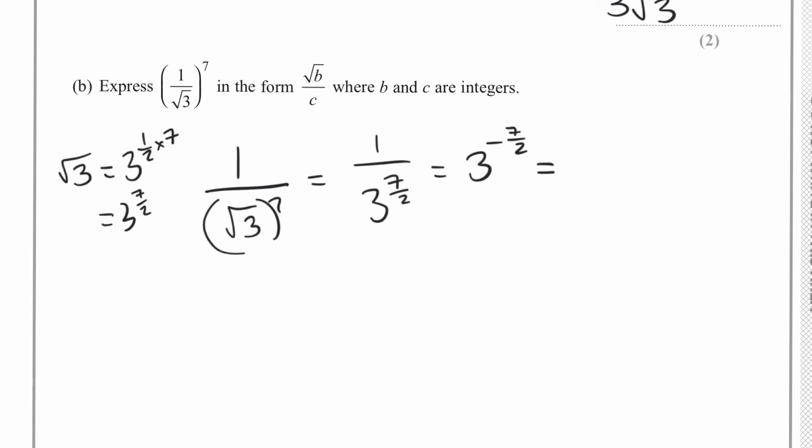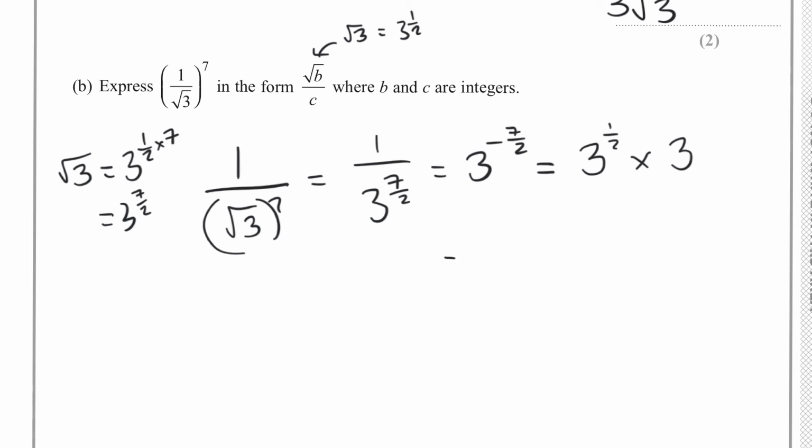So one thing when it comes to indices is that if you had 3 to the power of a half, which we're going to need because it wants it in the form of root b, so essentially that's going to be our root 3, which is 3 to the power of a half. We need to think of what we can multiply, or aka what power we add to a half to get to minus 7 over 2. So to get from a half to minus 7 over 2, you could work that out.